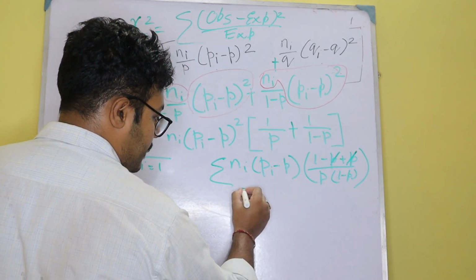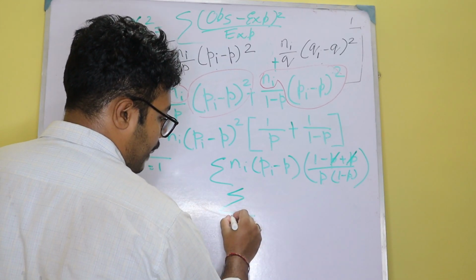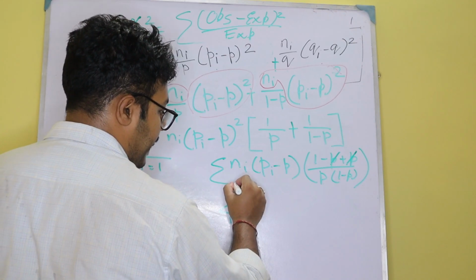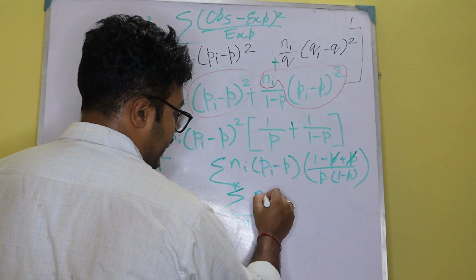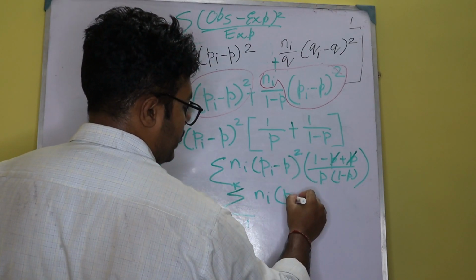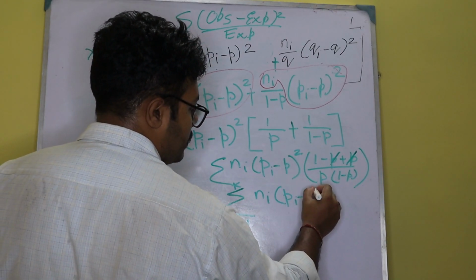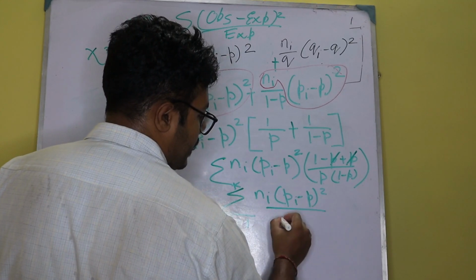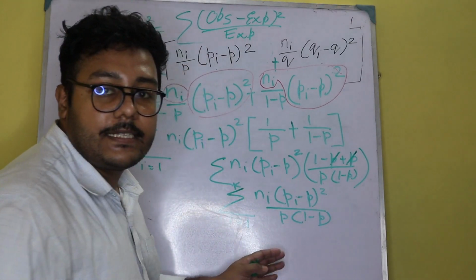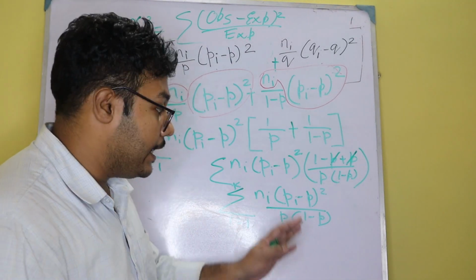We'll get this expression, summation of i is equal to 1 till k, ni, so this will be whole square, pi minus p whole square by p into 1 minus p. This is the expression what we will get in the last.